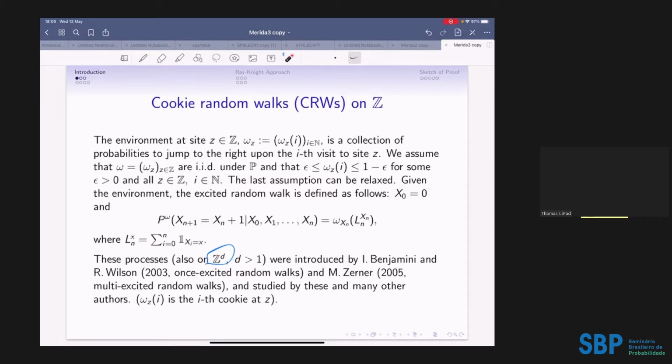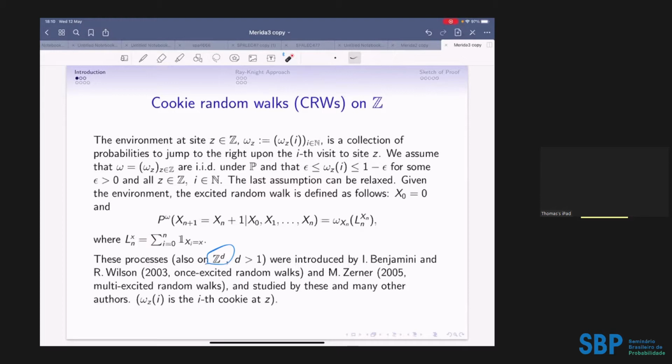As we will see, this is a bit irrelevant in what we do, but I'm talking about a little bit of prehistory. Okay, so we start off our cookie random walk at 0 at time 0, and then the cookie random walk evolves. It's a nearest neighbor walk. If you're at X_n, you go to X_n plus 1 or X_n minus 1 at time n plus 1.